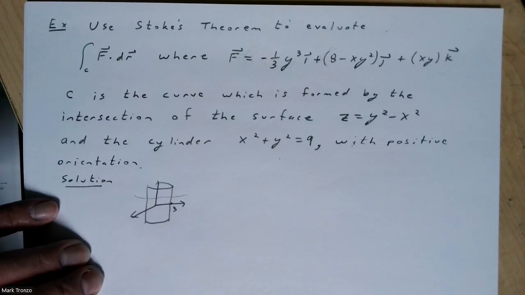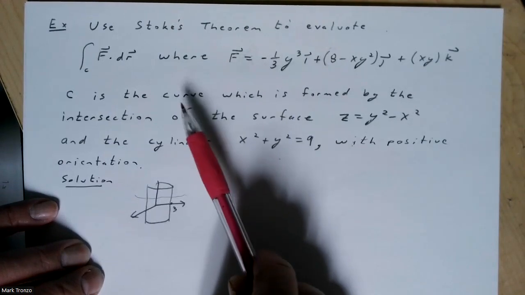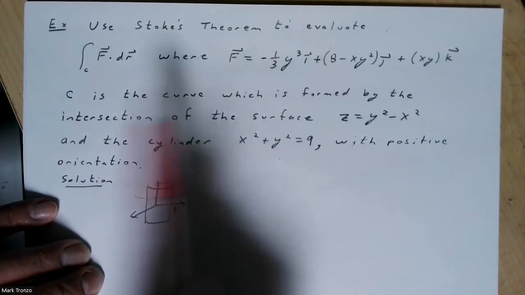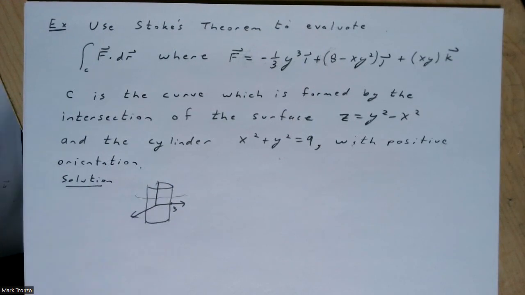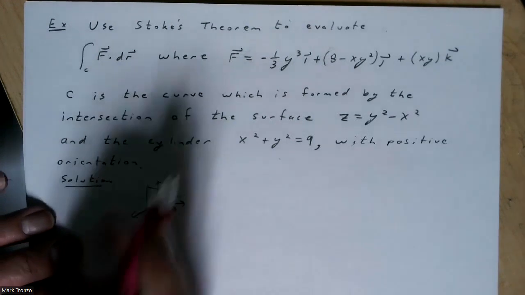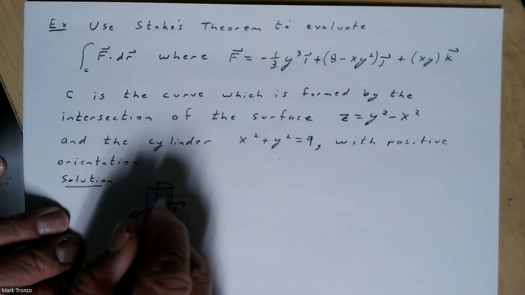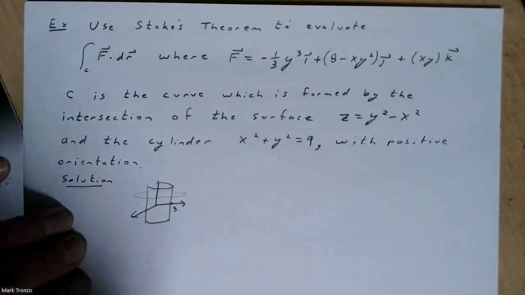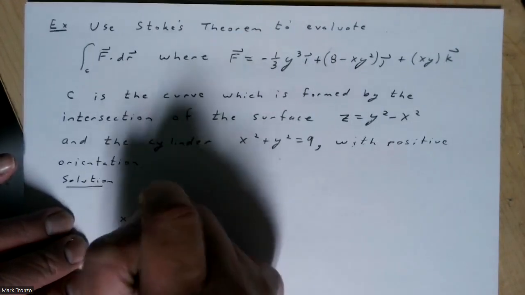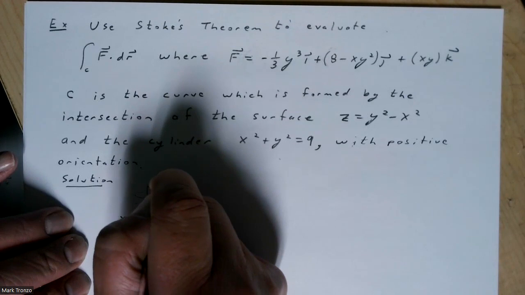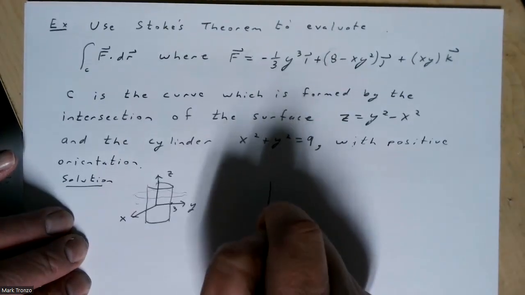And so we're going to use Stokes to evaluate this. Now, in a few minutes, we're going to need to see the domain because we're going to be integrating over this surface in here, somewhere in here. And the domain will be in the XY plane. That's going to end up being our domain of integration.